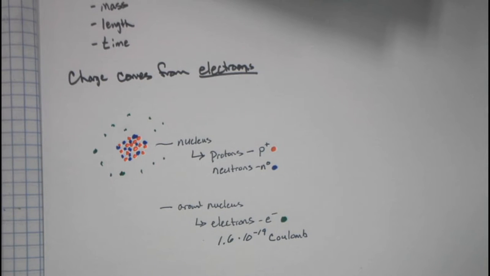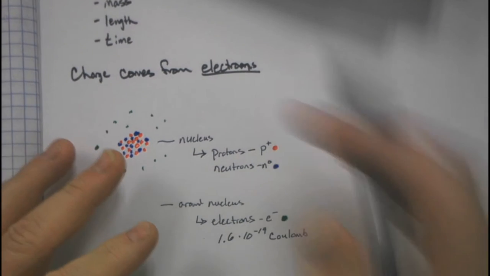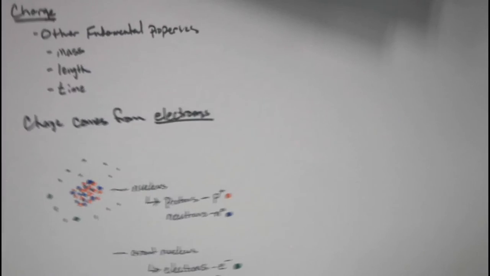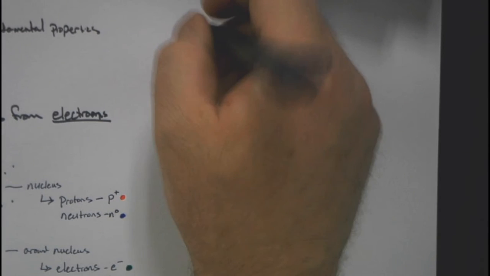So this is how our charge exists today. But this isn't how we dealt with it to begin with. In the beginning of our study of electricity, we found out what this unit of a coulomb was.